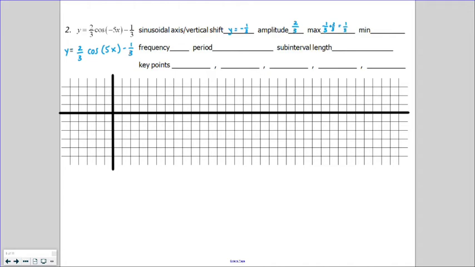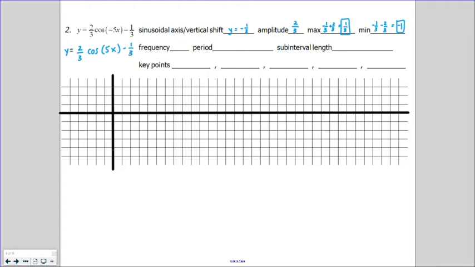The minimum is then the sinusoidal axis, always that first, minus the amplitude. So -3/3 or -1 is our minimum value here. If you always do the order that I've given you guys, axis plus amplitude and axis minus amplitude, you'll always get the max and the min, no problems there.